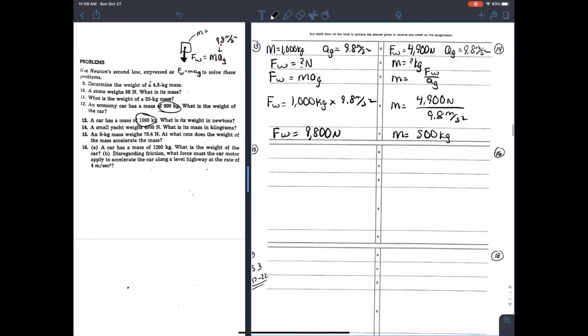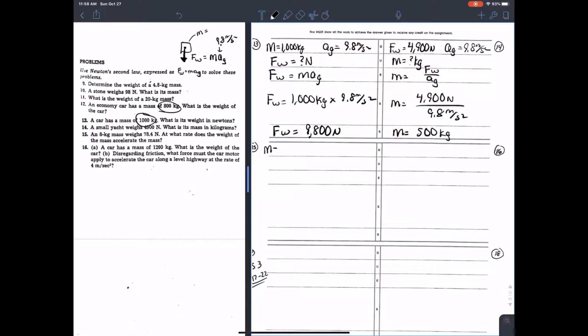We have 15. You have a mass of 8 kilograms, and this thing weighs 78.4 newtons. It says, at what rate does the weight of the mass accelerate the mass?